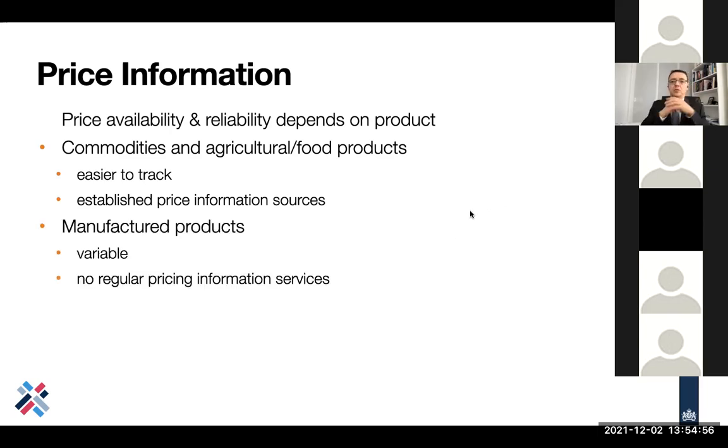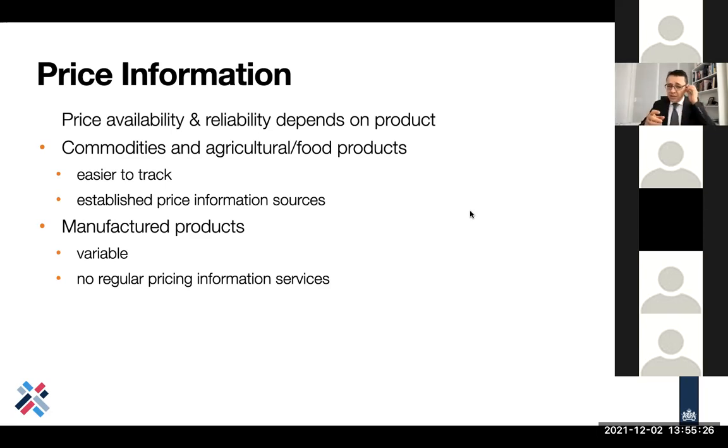But manufactured goods, industrial products, that gets a lot trickier. Just consider, for example, computers. How do you know the price of a computer nowadays? Well, you can't know the price of a computer because you have to consider what type of processor it has, how much memory it has, what type of screen, what size, whether it's a laptop or a desktop.